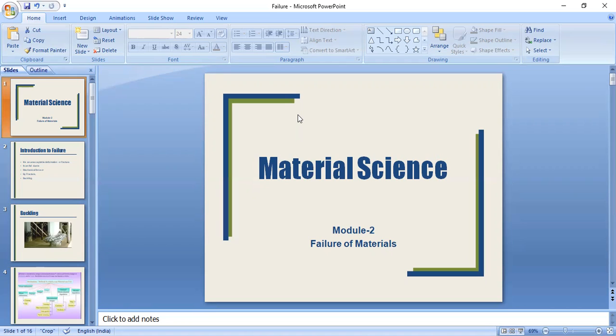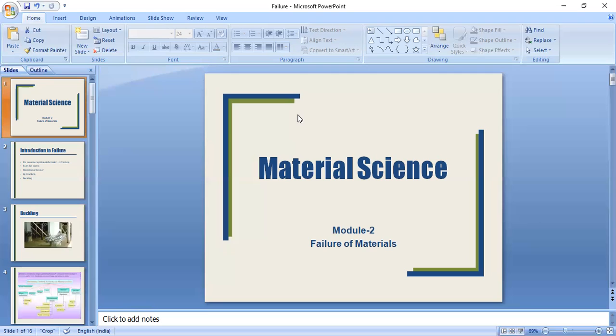So when the material can get failure, there are various possibilities. In any function or in any application, we are going to use different kinds of materials or a single material, and that material has to face various kinds of loads.